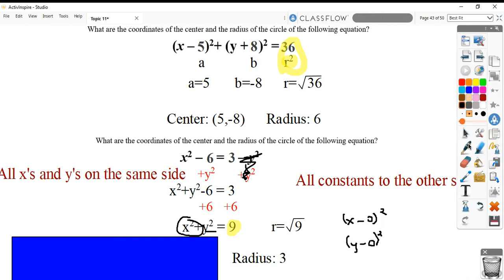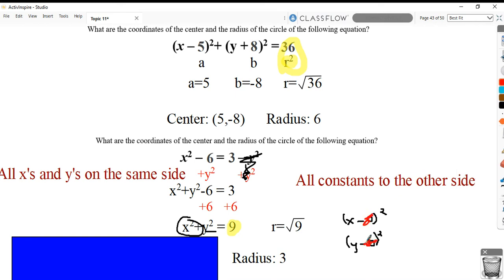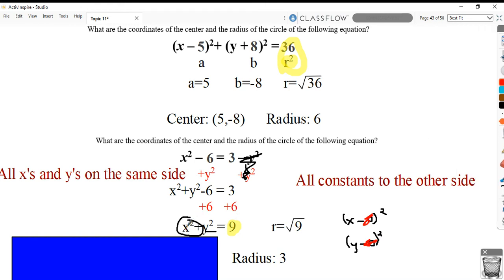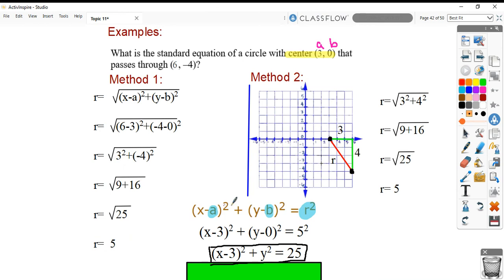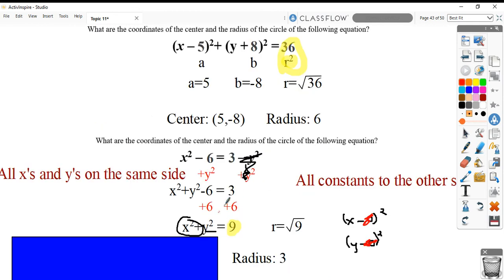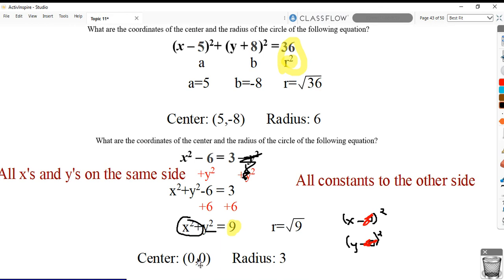When you're subtracting 0, you don't write that down because it doesn't actually do anything to your numbers. The reason I'm pointing this out is because nothing is being added to or subtracted from x or y. If nothing is being subtracted in this equation, then your coordinates a and b are just 0 and 0. So the center of this circle is at 0, 0.